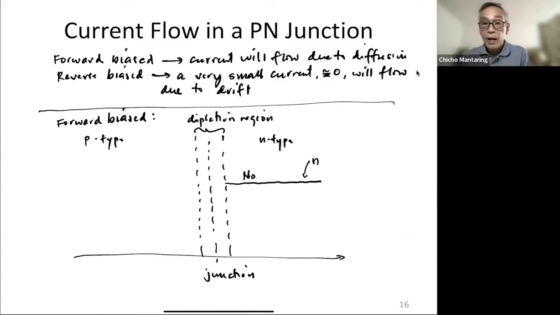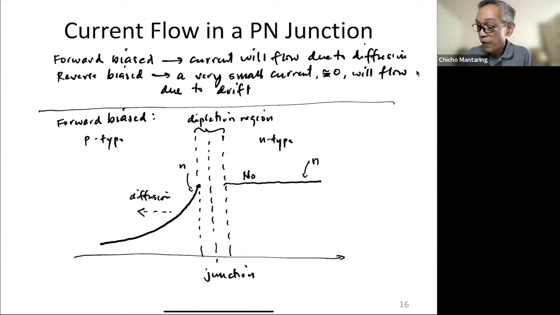But anyway, pagdating dito, okay, then there are electrons. This is what we call electron injection. There's going to be electron injection dito sa P side. So this is now your P type. And then you're going to get now your exponential decay. Okay, so this is what N will look like here. And this is what will cause your diffusion. Diffusion of electrons.